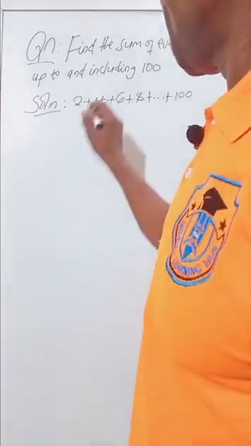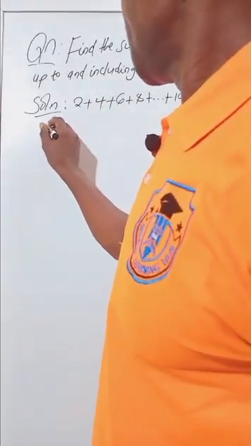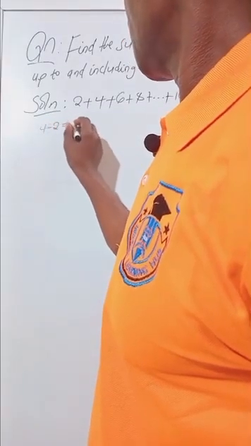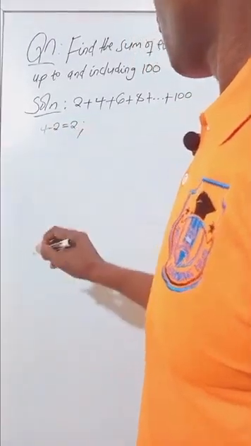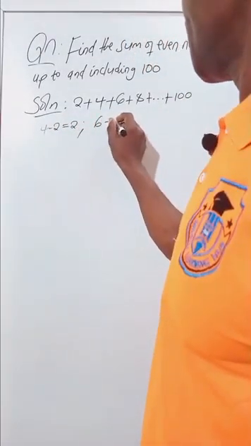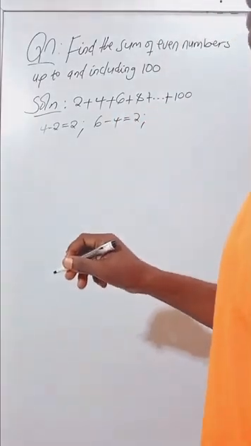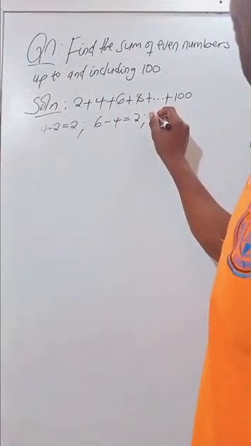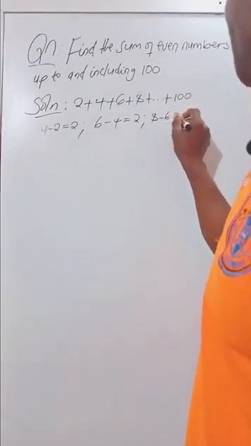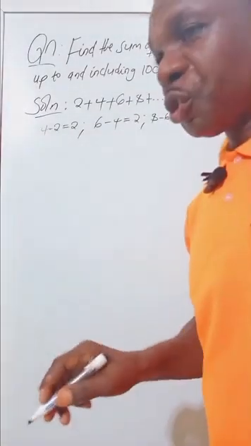So from simple assessment, if we take 4 minus 2, this gives us 2. If we take 6 minus 4, also gives us 2. Okay, if we are not contented, you can go ahead and say, if I take 8 minus 6, I also get 2. So what does it tell us?